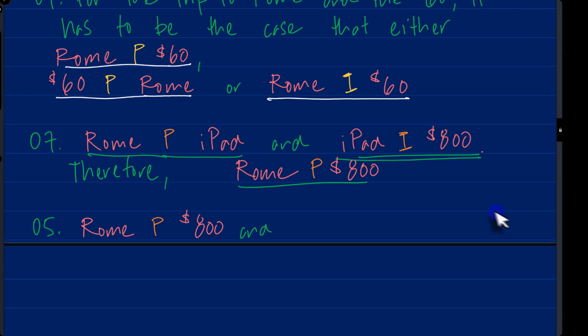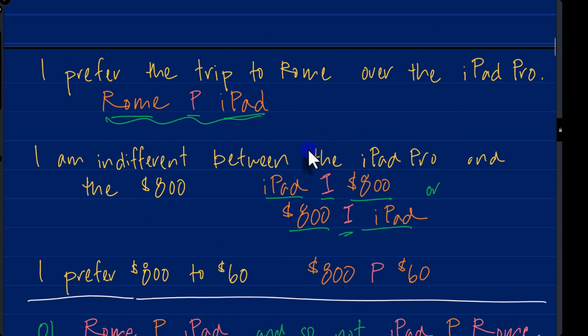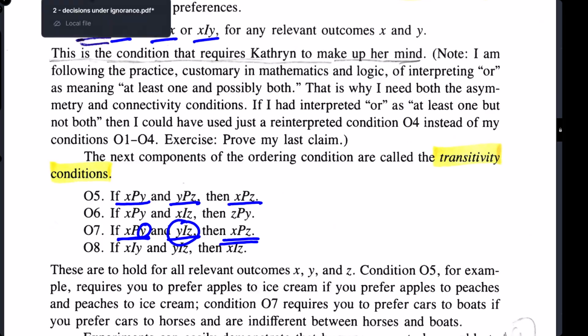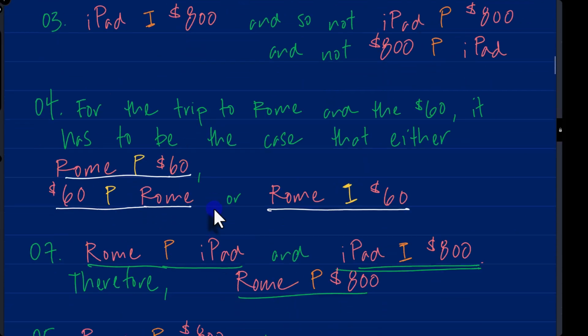And up here, I also said that I prefer getting $800 to getting $60.